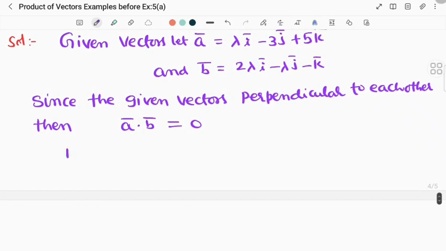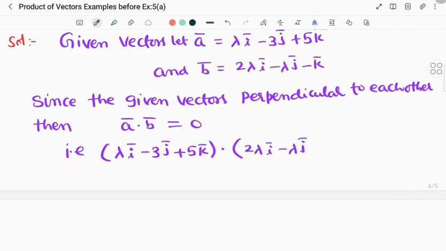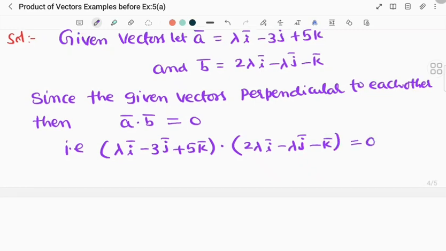That is, lambda i minus 3j plus 5k dot 2 lambda i minus lambda j minus k is equal to 0.